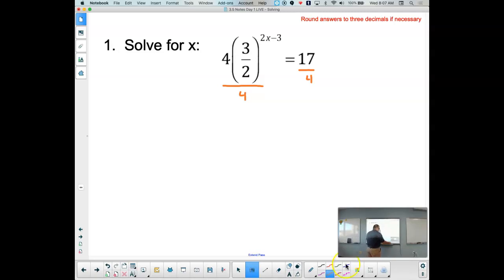And that's going to leave me with 3/2 to the 2x minus 3 power is going to equal, and I'm going to leave it as 17/4. I'm going to leave it in fractional form for now because that fraction might not be as easy as 4.25 like it would be in this case. So now I've isolated that exponential term.